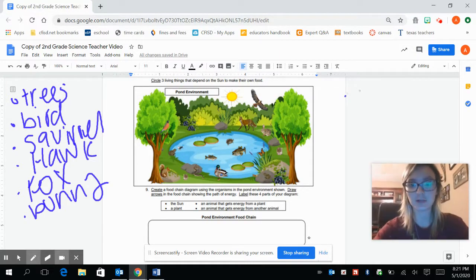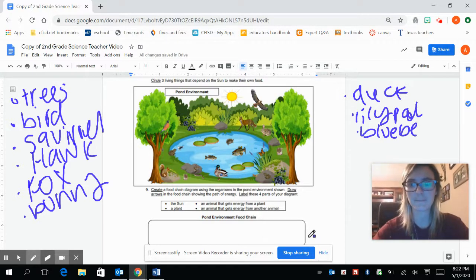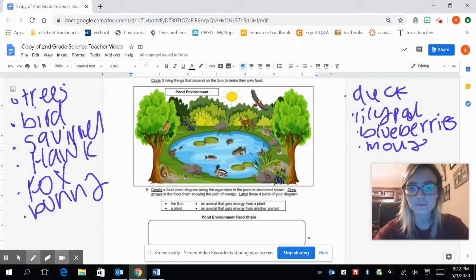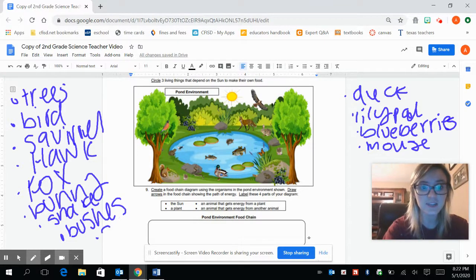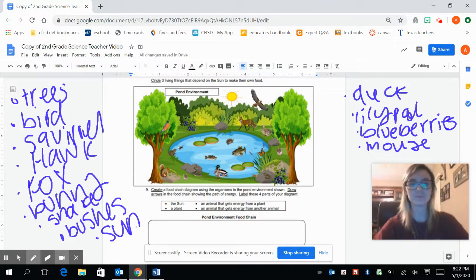I see a duck, a lily pad. I see blueberries. I see a tiny little mouse. I see a snake. And I see bushes. And what was the big thing we said? The sun. I see the sun up there.